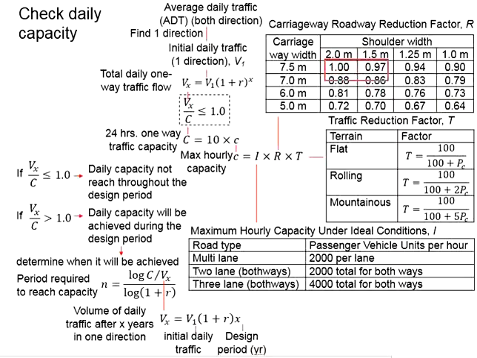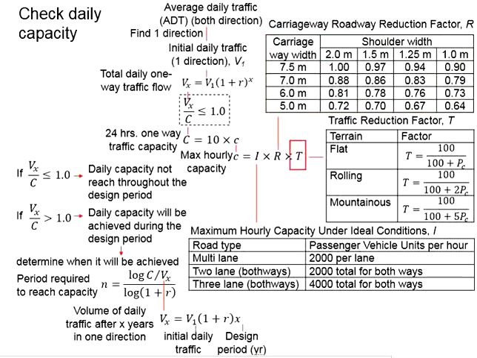Based on the results given in the table here, you know that the most ideal situation is to have the carriageway more than 7.5 meters with road shoulders of at least 2 meters, as this imposes no reduction in terms of the maximum capacity of the road in the context of the traffic flow. You may refer to this table here to compute the R.